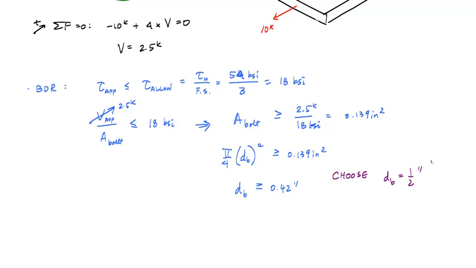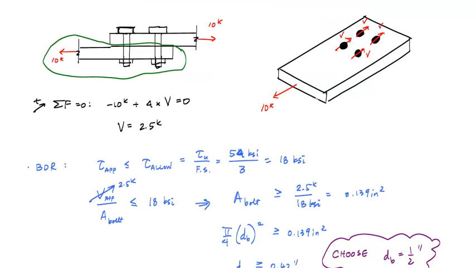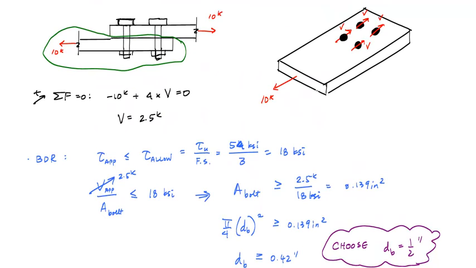Now, this also has ramifications, which are not necessarily stress based, on my plate dimension as well, because if I choose a 1/2 inch diameter bolt, I need to have enough space on my plate. If I go back over here, I've got to make sure I have enough width here to accommodate a half inch.